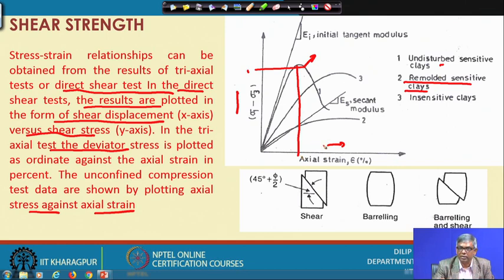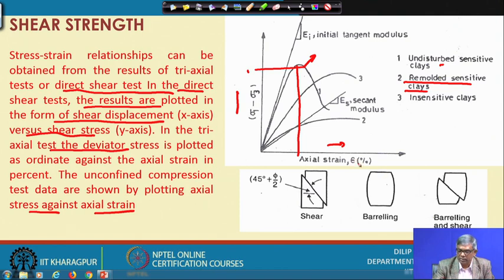Here the increase of shear stress is quite slow compared to the undisturbed case, where it is quite rapid. You can see it will extend continuously and may not show any prominent failure. That means, how do we decide whether the test is completed or not?